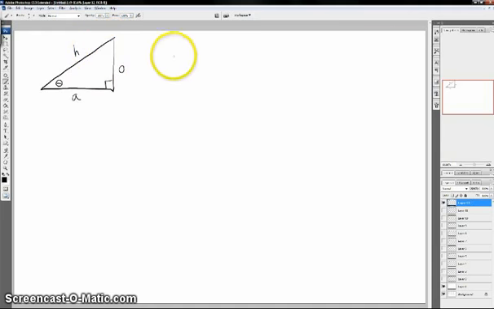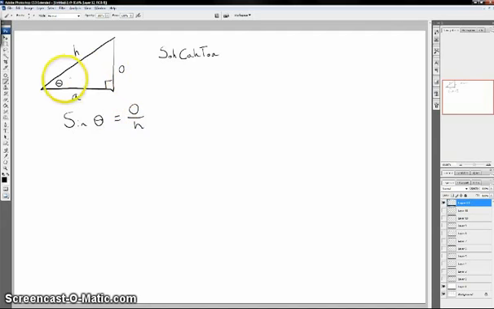This is the standard SOHCAHTOA deal. You can use SOHCAHTOA to help you remember what each of the trig functions is equal to. SOHCAHTOA helps you remember that the sine of theta is equal to the opposite over hypotenuse.